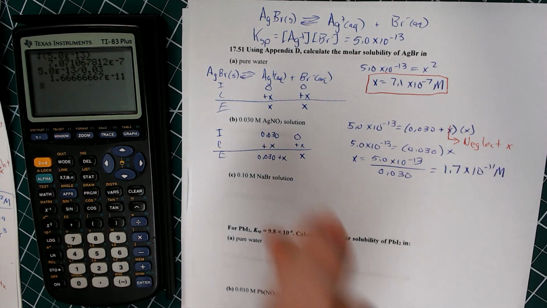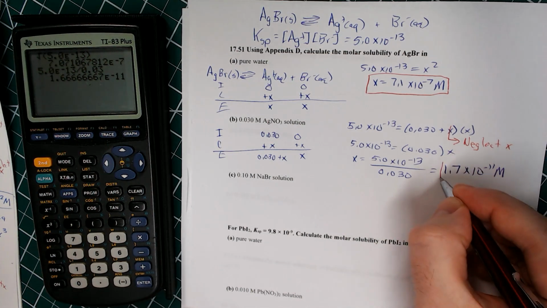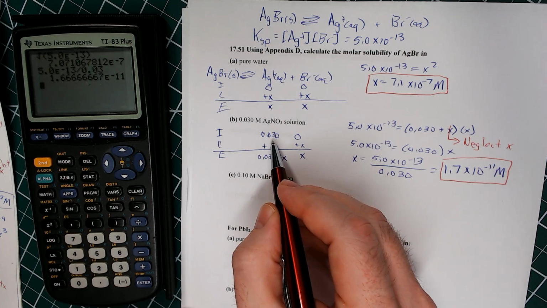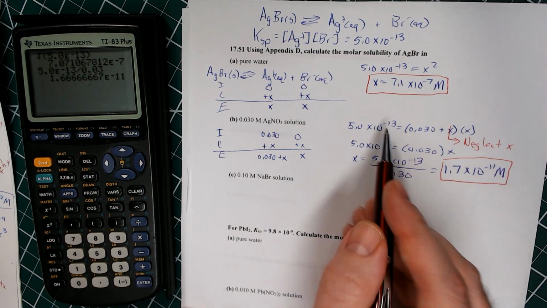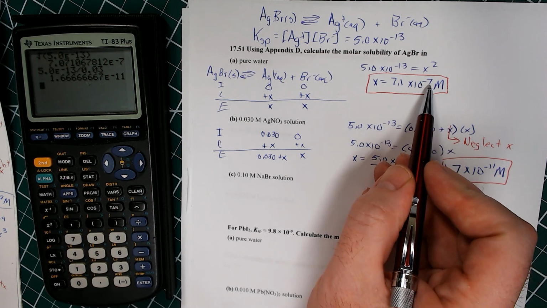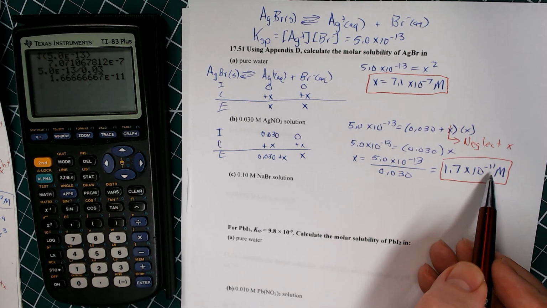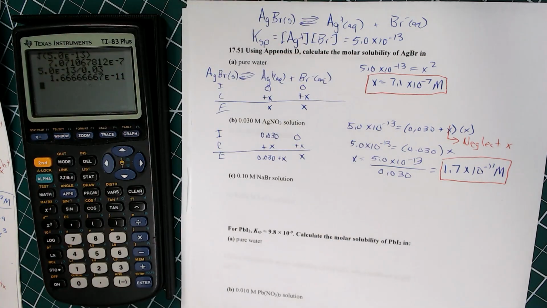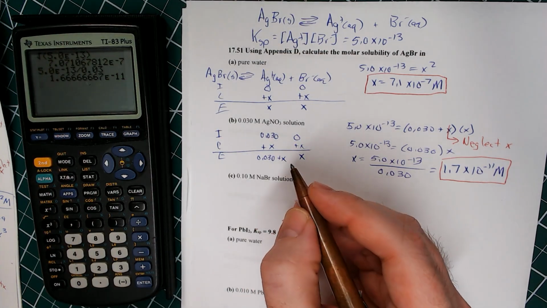So we will see that our common ion effect, by having this 0.030 molar silver already present, decreased the solubility by about 4 orders of magnitude. It went from 10 to the negative 7 down to 10 to the negative 11. That is a huge decrease in the solubility.